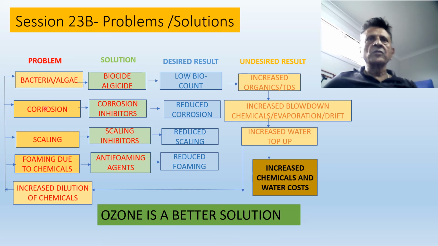For a problem of corrosion, we have corrosion inhibitors, which will reduce your corrosion, but we have to increase blowdown because of chemicals in evaporation and drift, because the TDS is increased.